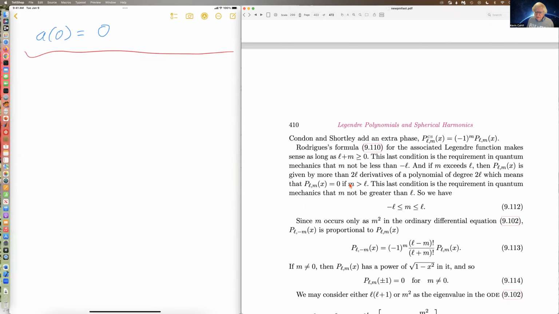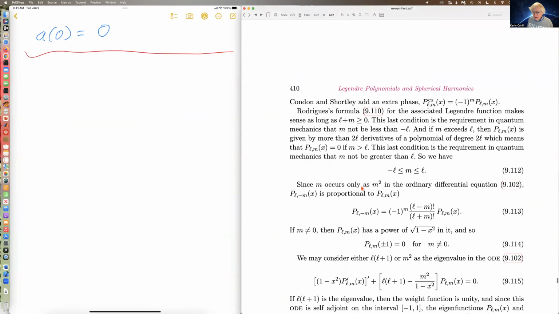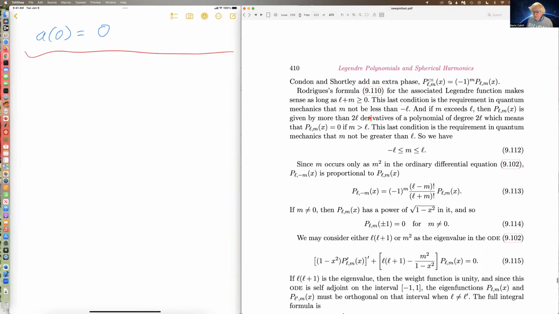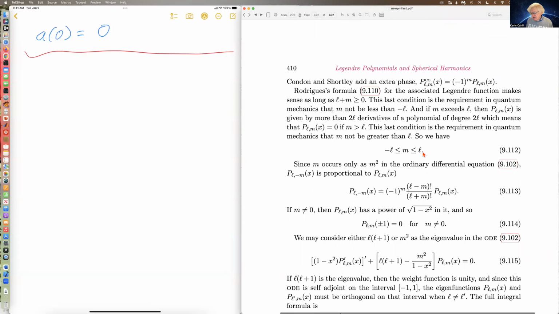On the other hand, if m is greater than L, then we wind up differentiating so much that the associated Legendre function just simply vanishes. And so that's the rule in quantum mechanics, that this quantum number m, the integer m, has to be greater than or equal to -L and less than or equal to L.